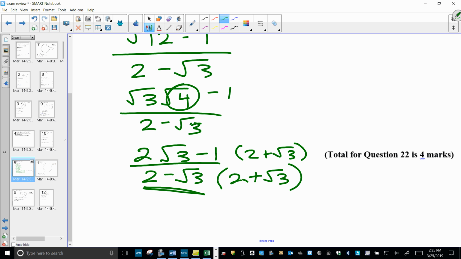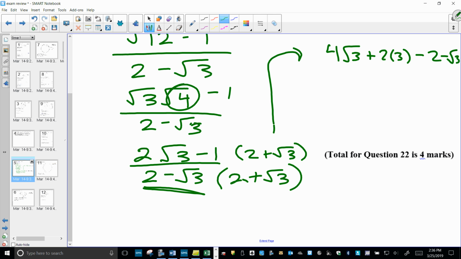So then I got, I'm not going to bother writing the brackets because that is long. I got 4 root 3 plus 2 times 3 subtract 2 subtract root 3.